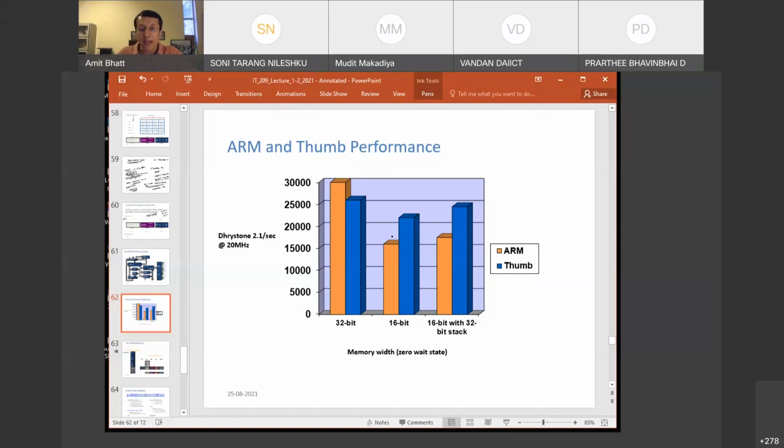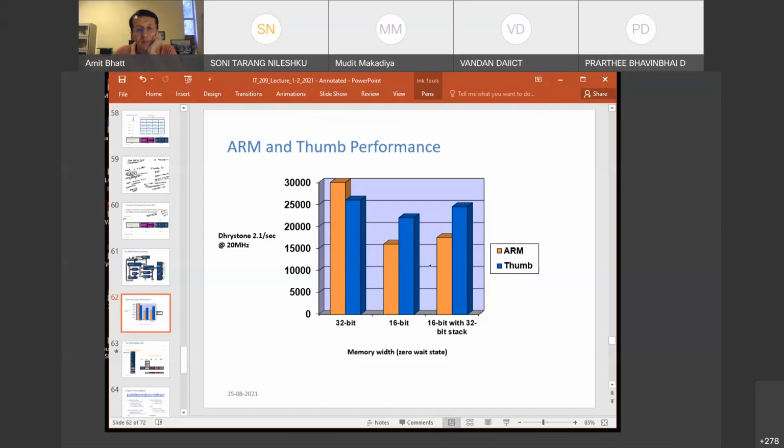That's why the performance of the thumb instruction set is increasing. Now, you might be observant and say, then why should the performance of the thumb instruction set here be smaller than the performance of a program written using the thumb instruction set over there in 32-bit memory? Shouldn't they be the same?